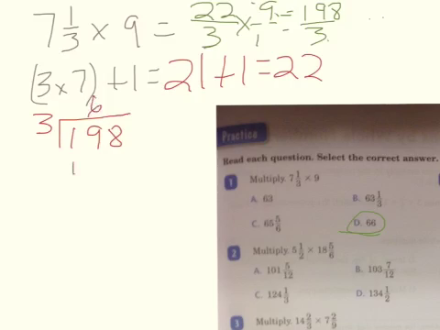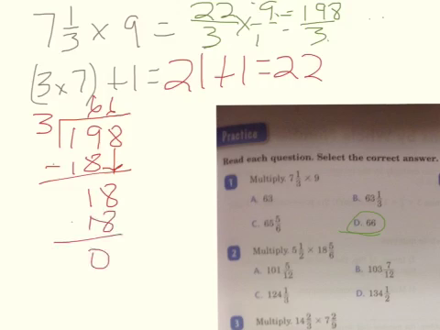So 6 times 3 is 18. We're going to subtract. 9 minus 8 is 1. We're going to go ahead and bring our 8 down. And we know 6 times 3 is 18, which leaves 0. So there we go. 66 is our answer. So number 1 is D. Two different ways it's worked out.